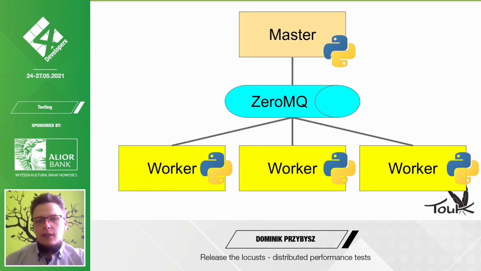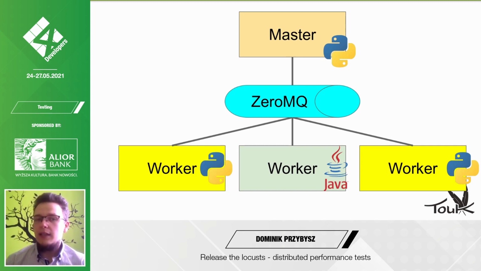As I said at the beginning, the whole framework, the whole library, is written in Python. So the configuration for all of these components could of course be written in Python. But it doesn't have to be, because if we have a way to communicate with ZeroMQ, we have some wrappers, for example for Java.